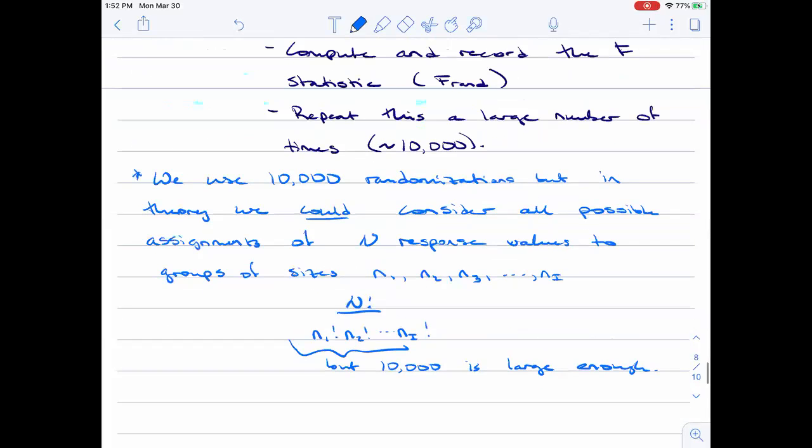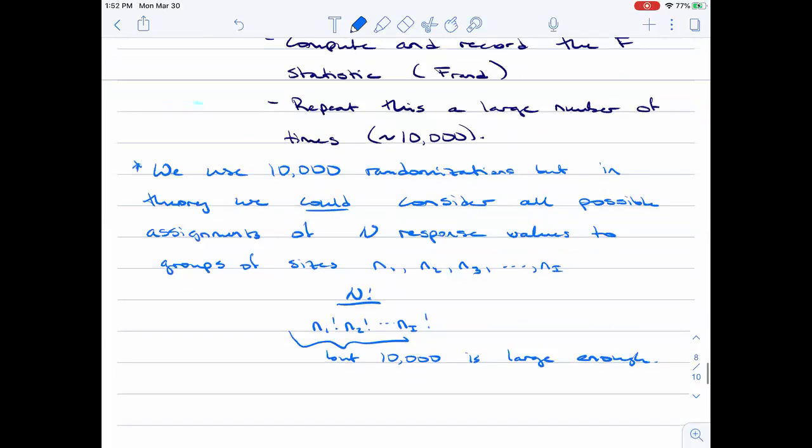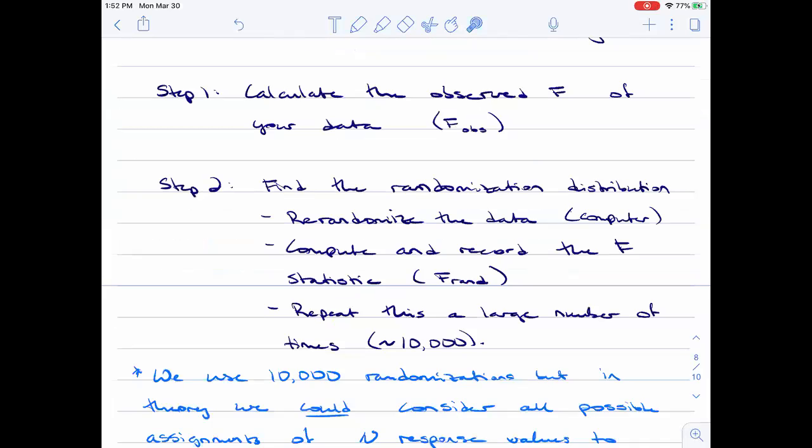Now we've got this distribution of all these randomized Fs. If there's nothing going on in our data, then the observed F should fall somewhere in the middle of this randomized F distribution.